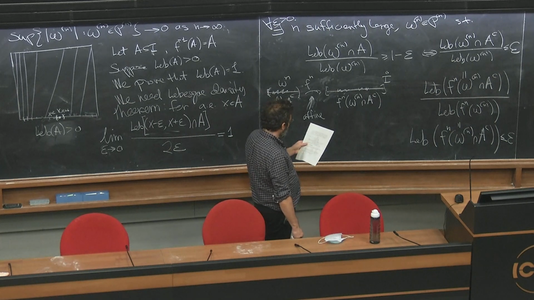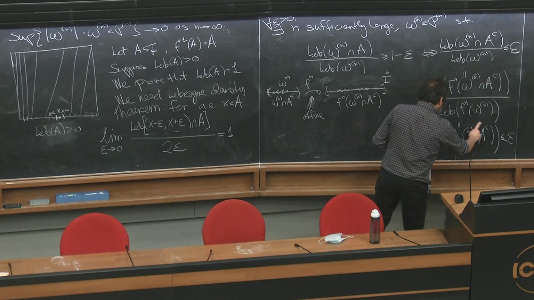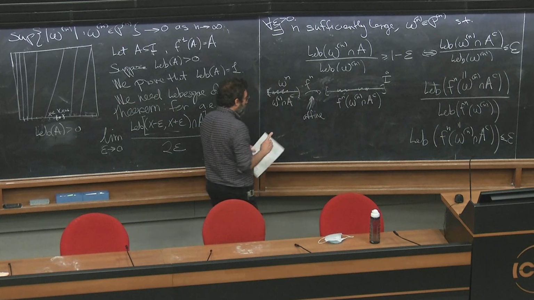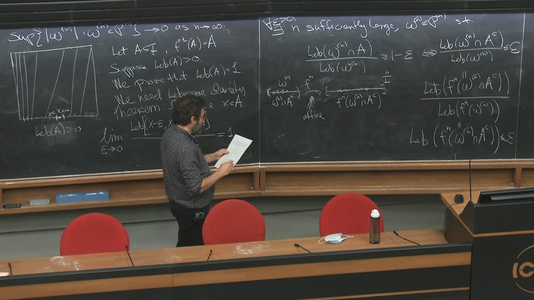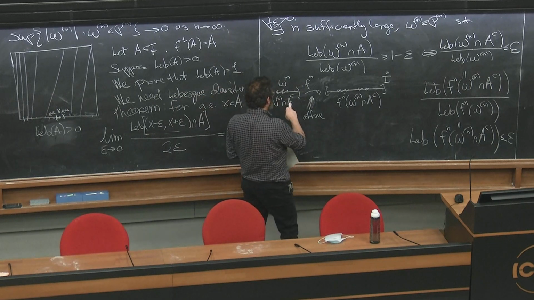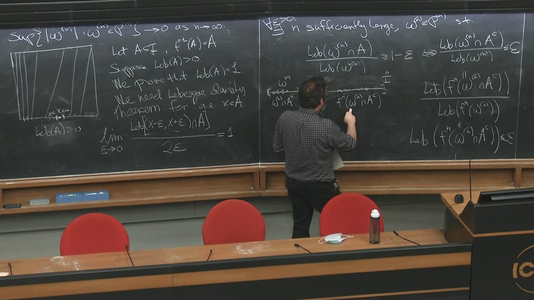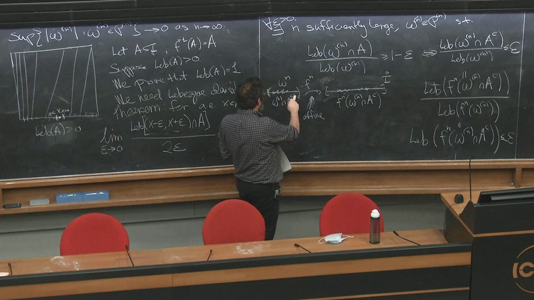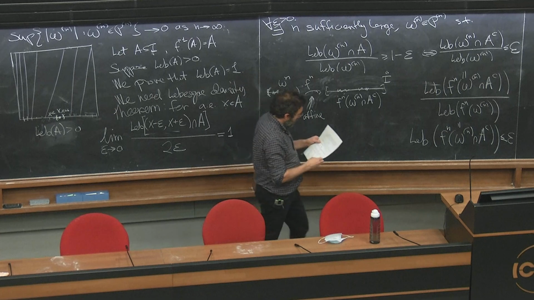And now the last step is just a small observation. What does this mean? It turns out this is a small technical calculation. I think I will leave it to you to look at the notes as to why it's true. But maybe I will write it.